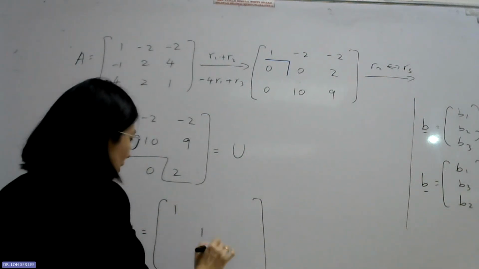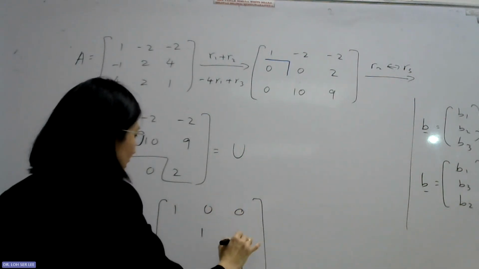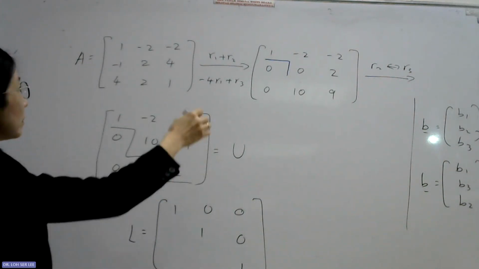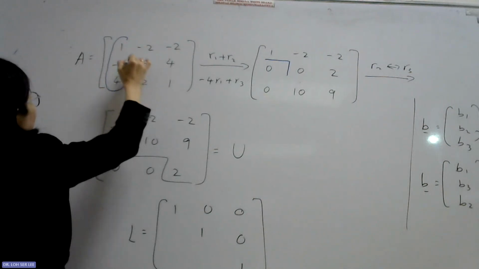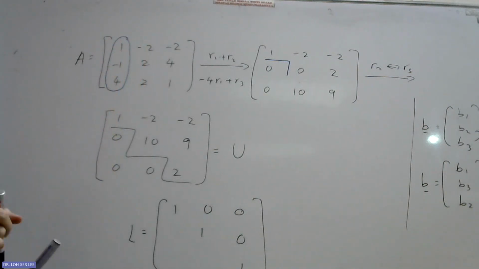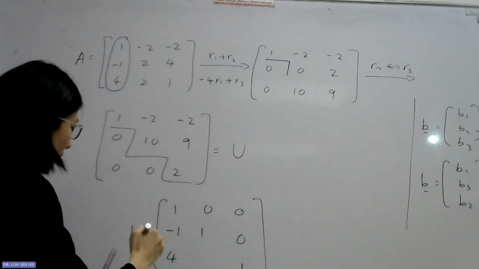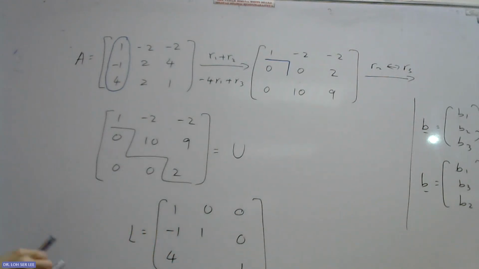Your L must be something like this, right? What is the first column? This one, divided by 1.